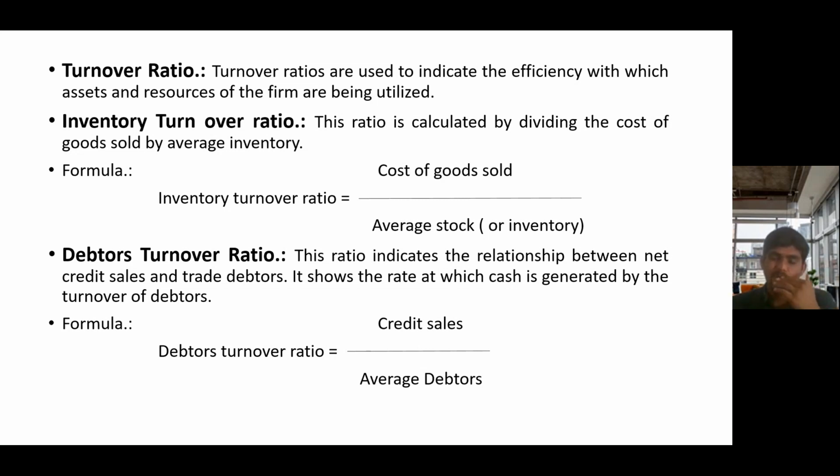Cost of goods sold means at what cost my goods are getting sold. I produced certain goods. For example, I'm producing mobiles, 100 units today, or for an entire year 1000 units of mobile phones. At what cost am I selling that?